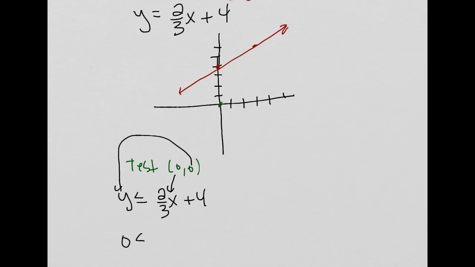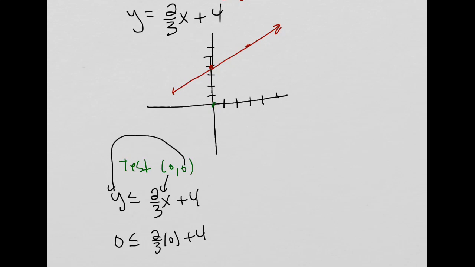So I get 0 is less than or equal to 2/3 times 0 plus 4. And I'm left with 0 is less than or equal to 0 plus 4, so 0 is less than or equal to 4. That is a true statement. That means 0, 0 should be included in my solution set.